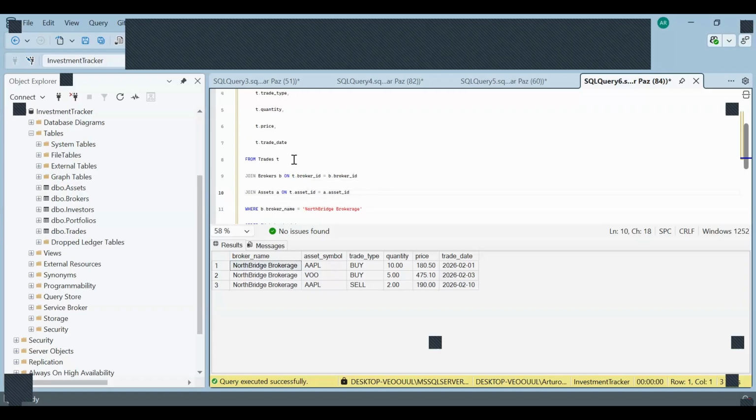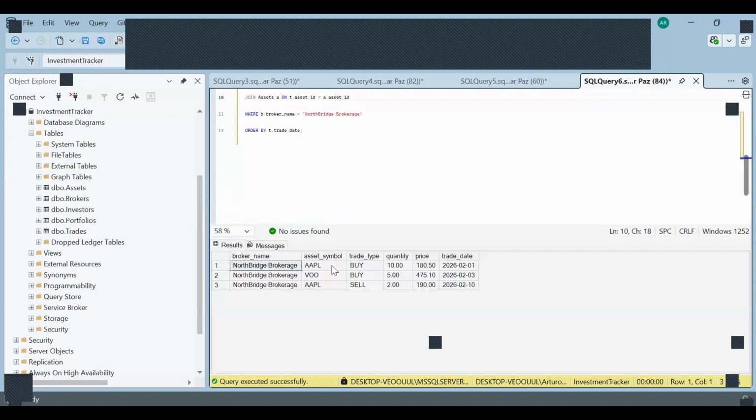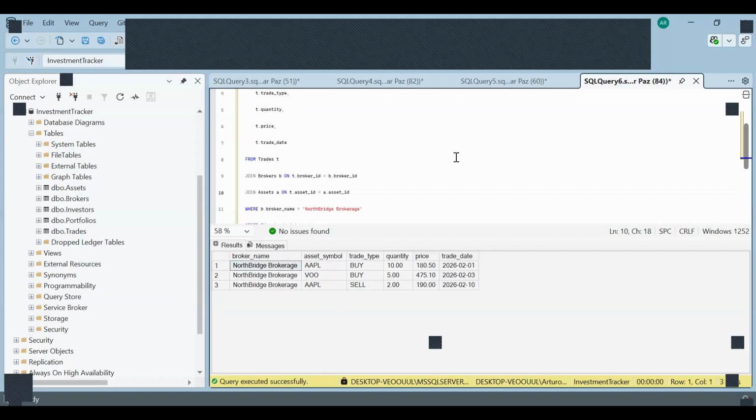So we're using the where clause to filter the results so that there are only the trades that were executed by this broker, the Norbridge brokerage. And then our output displays the broker's name, asset symbol, trade type, quantity, price, and trade date. And this is shown by trade date in descending order.